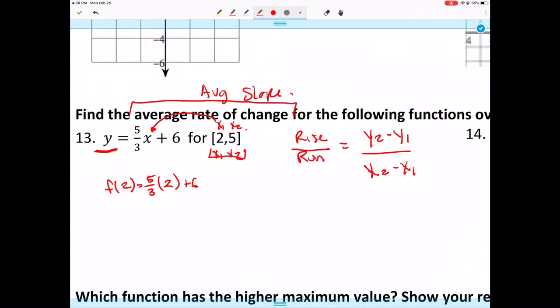And that ends up giving us 5/3 times 2 plus 6. And that gives us 28/3. We do it with f of 5.